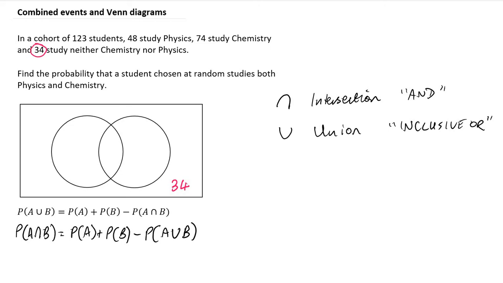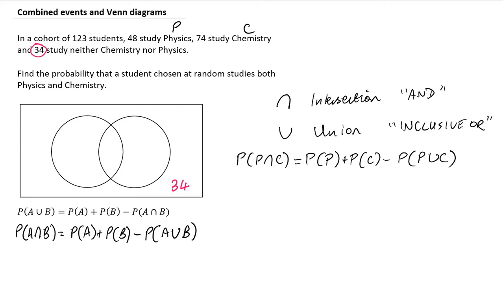So the probability, in our case, it's not A and B we're dealing with, it's physics and chemistry. So the probability that someone studies physics and chemistry is equal to the probability of someone chosen at random studying physics plus chemistry minus the probability of them studying physics or chemistry or both.